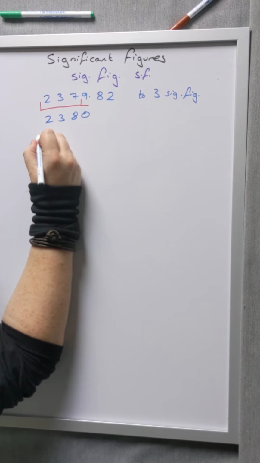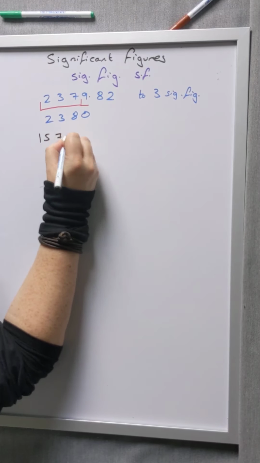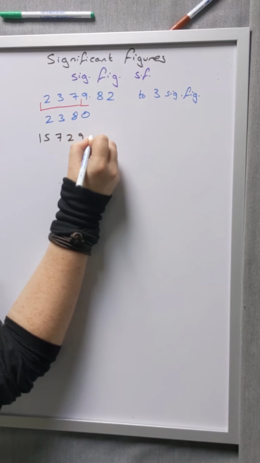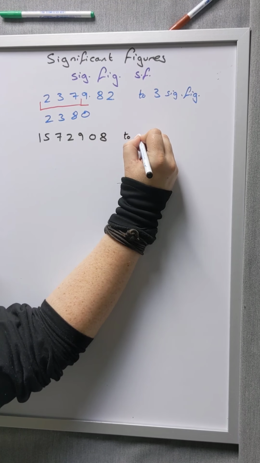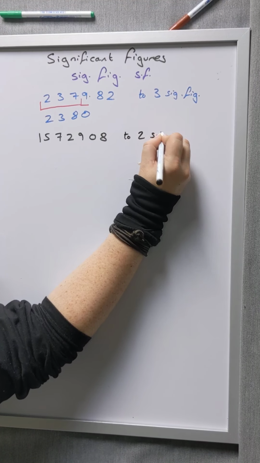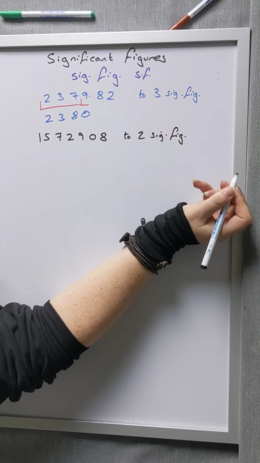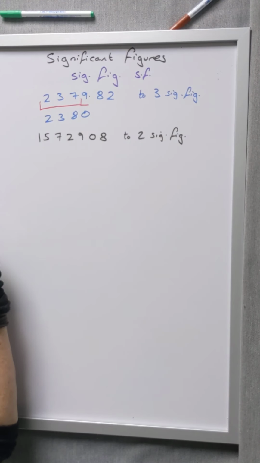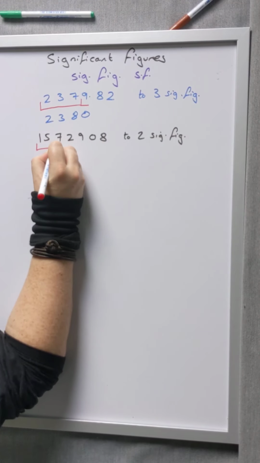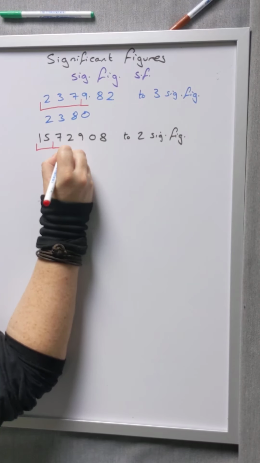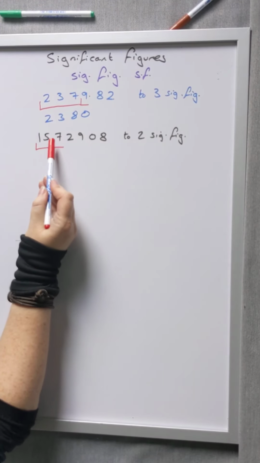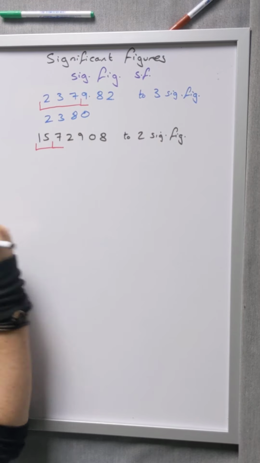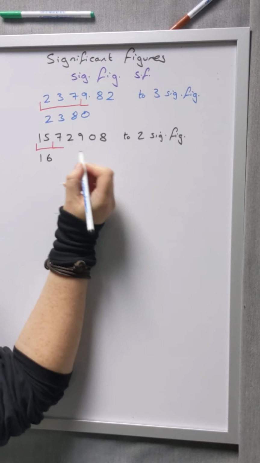And if I give us the example 1572908, we want it to 2 significant figures, then what we're looking for here is the first 2 numbers and we take account of the 1 after it. So again, the 7 will round us up and that will give us 16.